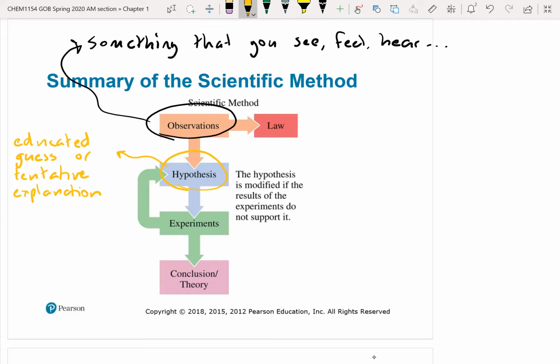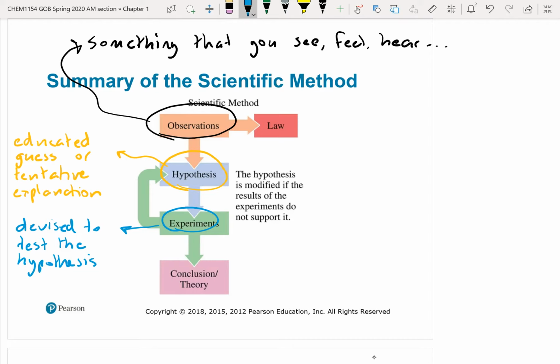And then we can devise and perform some experiments to test that hypothesis or that educated guess. Right? So your experiment or experiments, depending on how many you have, are devised to test this hypothesis, or you may have multiple hypotheses.